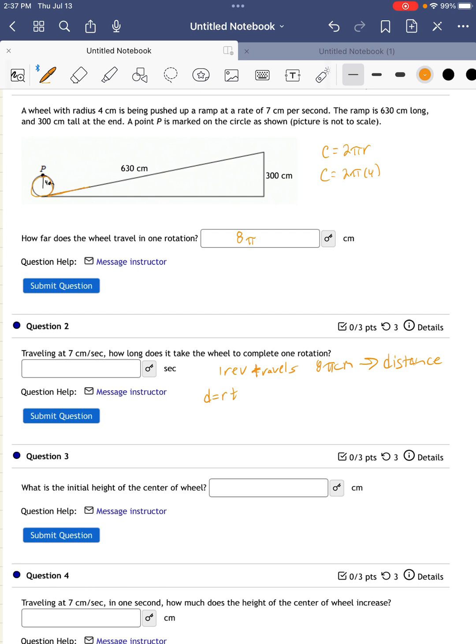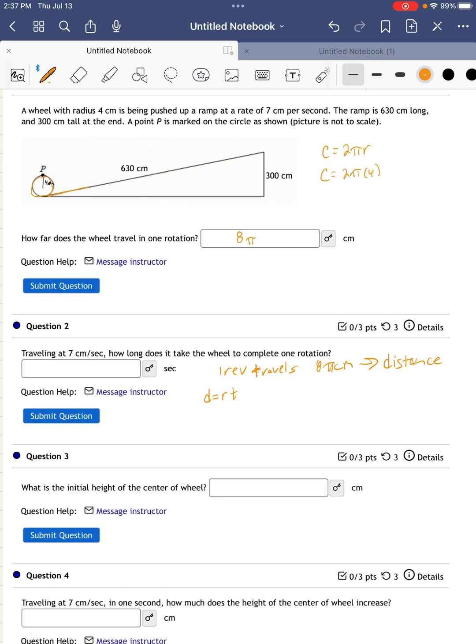Because I honestly always get confused. Do I need to take the 8? I know what I kind of sort of need to do. Do I divide the 7 by 8 pi, or is it the 8 pi divided by 7? So to help me, I write out the equation d = rt.